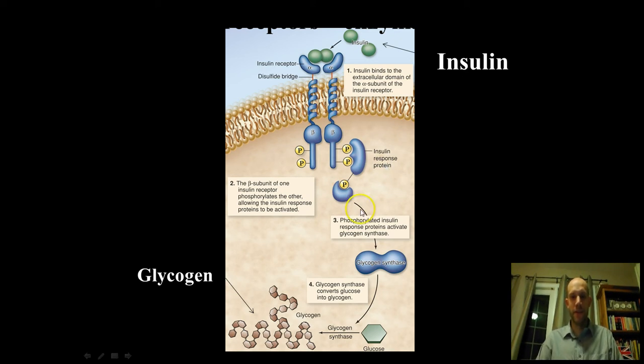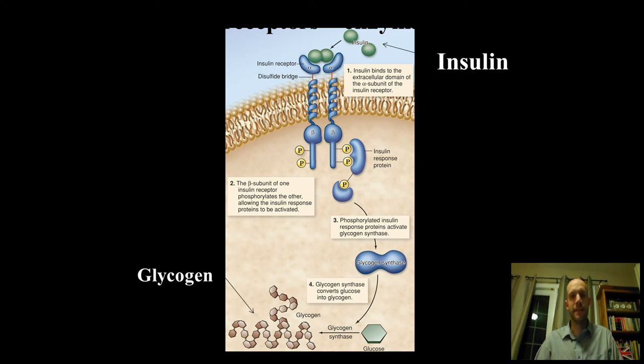In the cytosol, the phosphorylated insulin response proteins activate glycogen synthase, which does what its name suggests. It produces glycogen out of glucose, thereby lowering the amount of sugar that's present. So this is the mechanism by which that detection takes place.